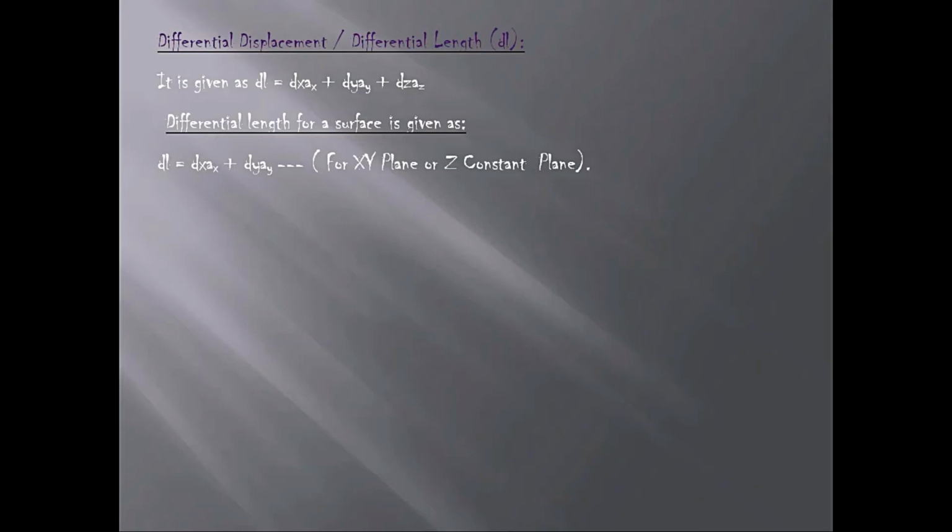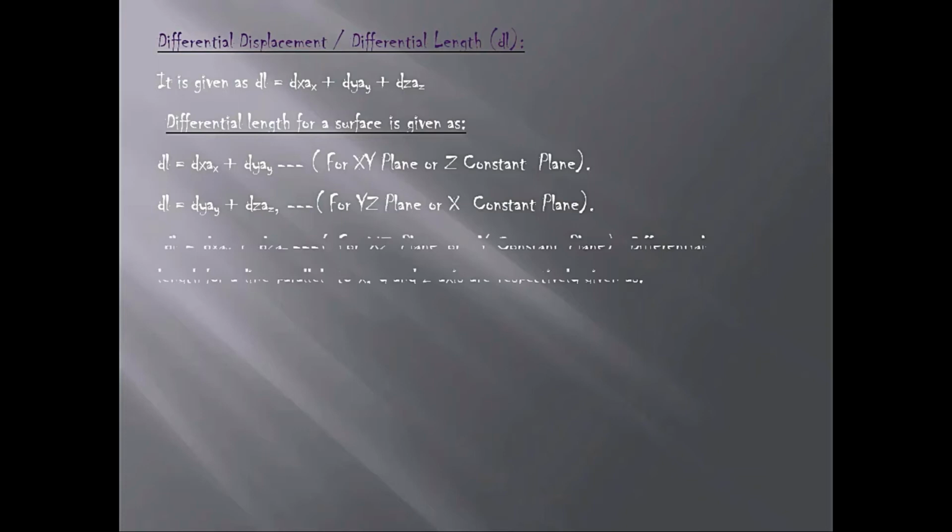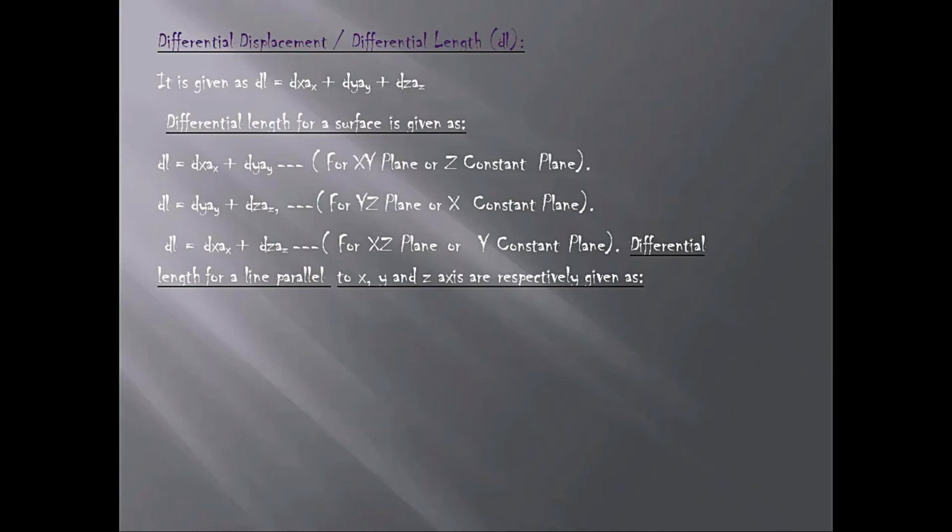Differential length for the surface is given as dl equals dx ax plus dy ay, as we keep z constant, and dl equals dy ay plus dz az, as we keep x constant. dl equals dx ax plus dz az for y constant. As we keep the coordinate constant, the differentiation becomes 0.